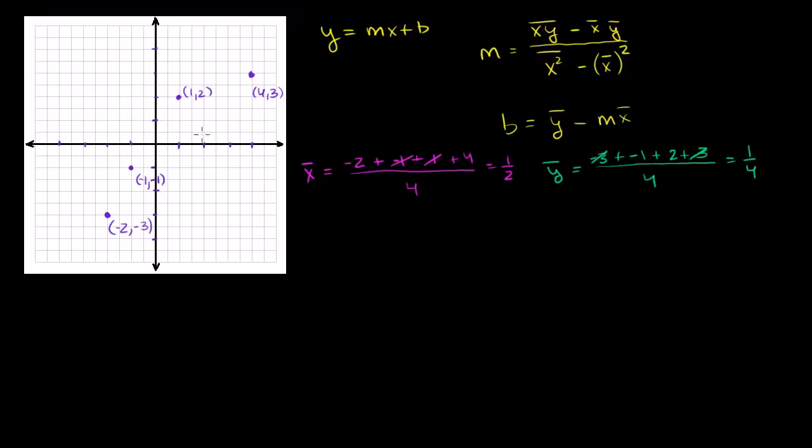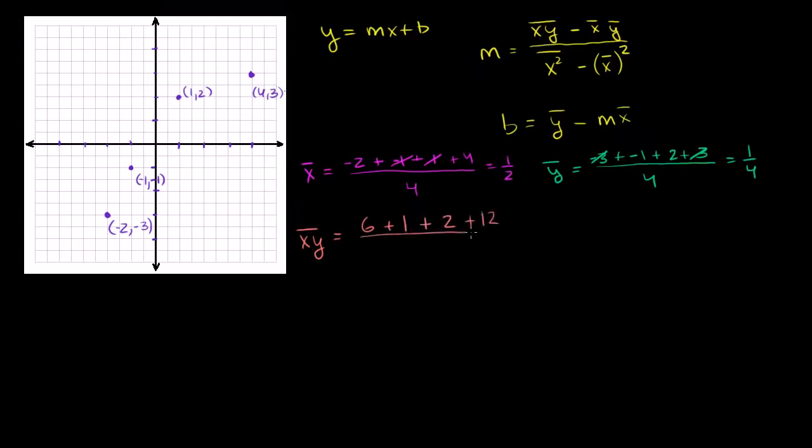Now let's figure out the mean of the xy's. So x times y, the mean of that. Over here we have -2 times -3, which is +6. Plus -1 times -1 is +1, plus 1 times 2 is 2, plus 4 times 3 is 12.